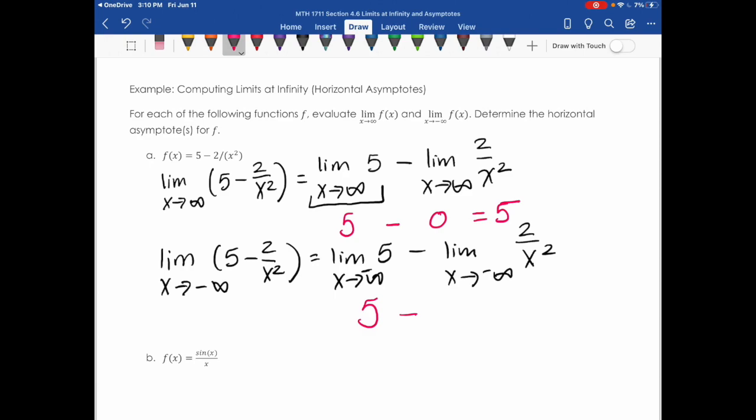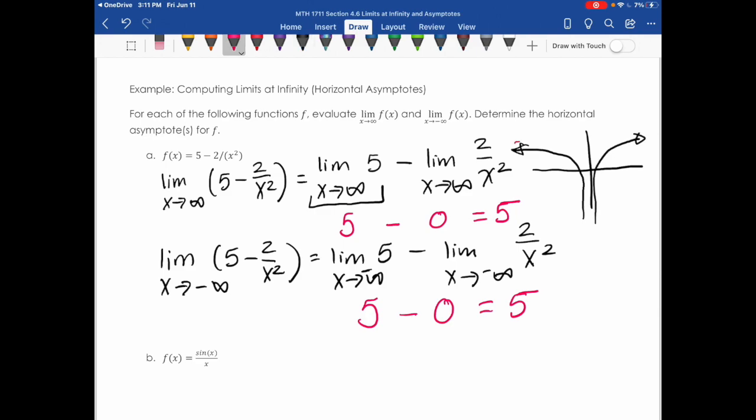So you're going to get 2 over positive numbers that are really, really, really big, which means that fraction is going to get super, super, super small, to the point where we can say the limit is 0. So we can say for this function that the limit as x approaches negative and positive infinity, in both directions, we get 5.